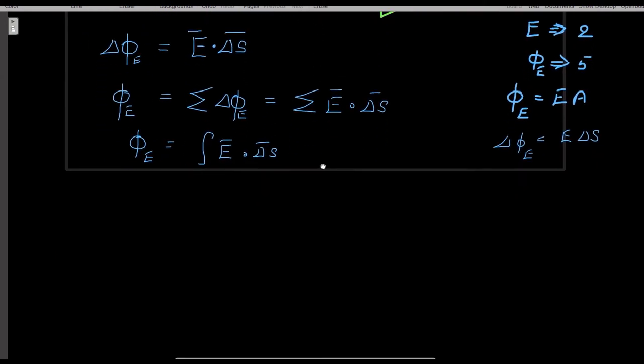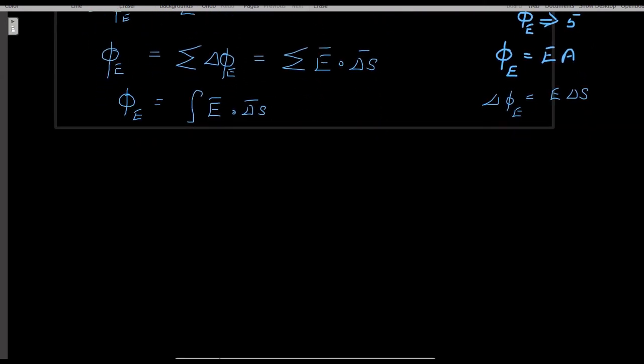Now let us consider a general situation in which the electric field is directed towards right. I just represent the electric field with one line. This is the uniform electric field over this area. Anywhere if we take, electric field is same.